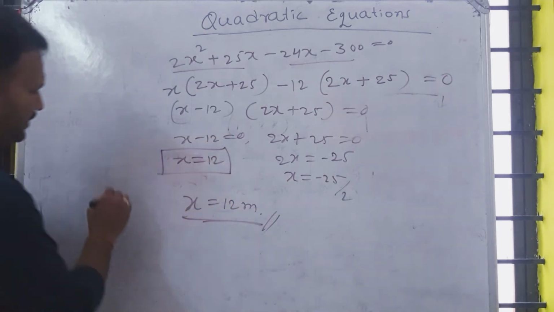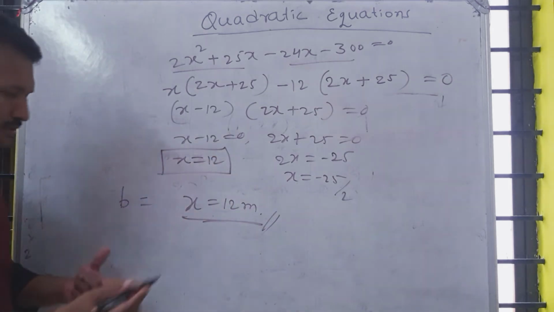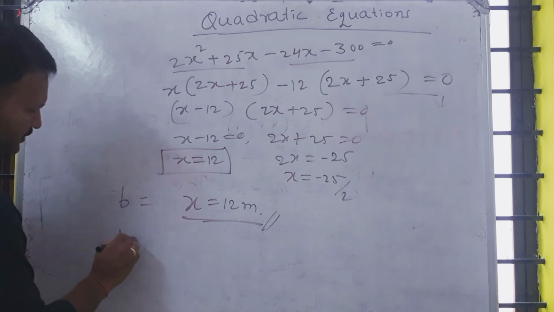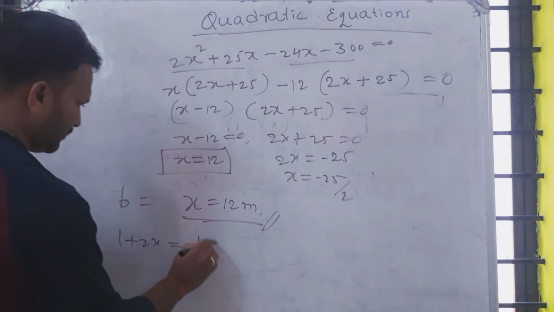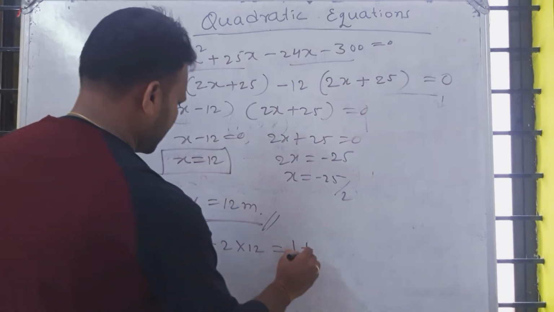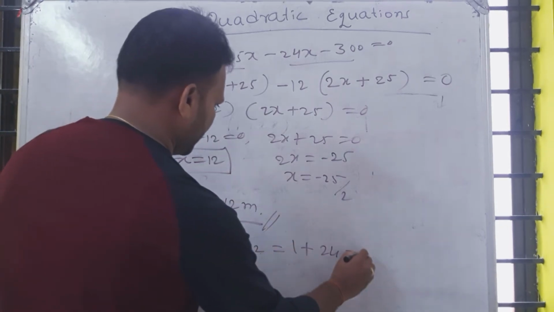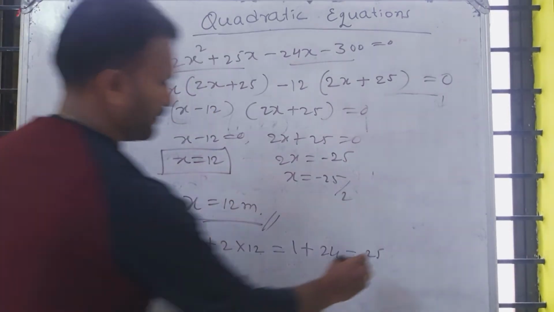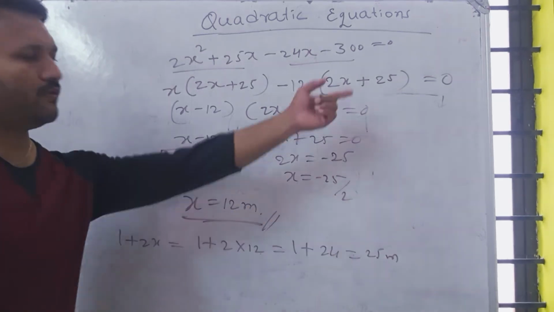That is the breadth. And what is the length? Length we know is 1 plus 2x, that is 1 plus 2 into 12, that is 1 plus 24, that is 25 meters. So this is how it can be calculated.